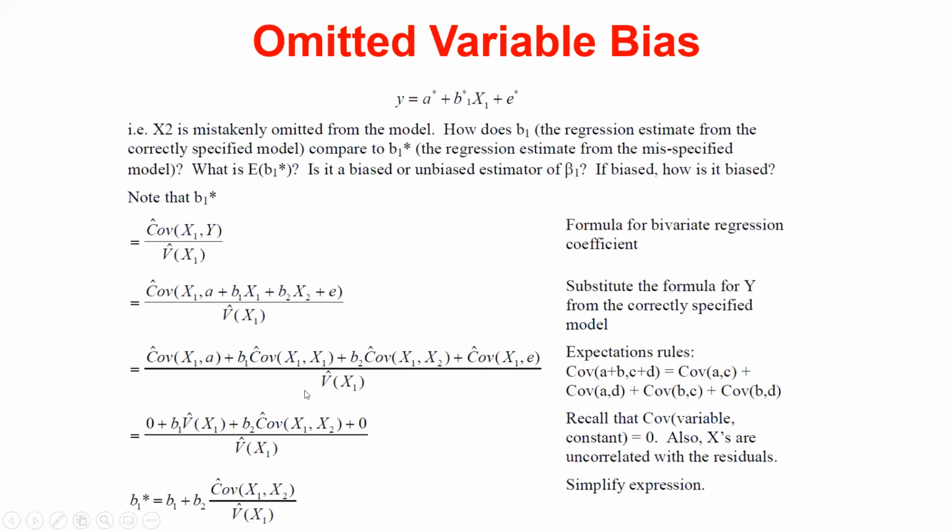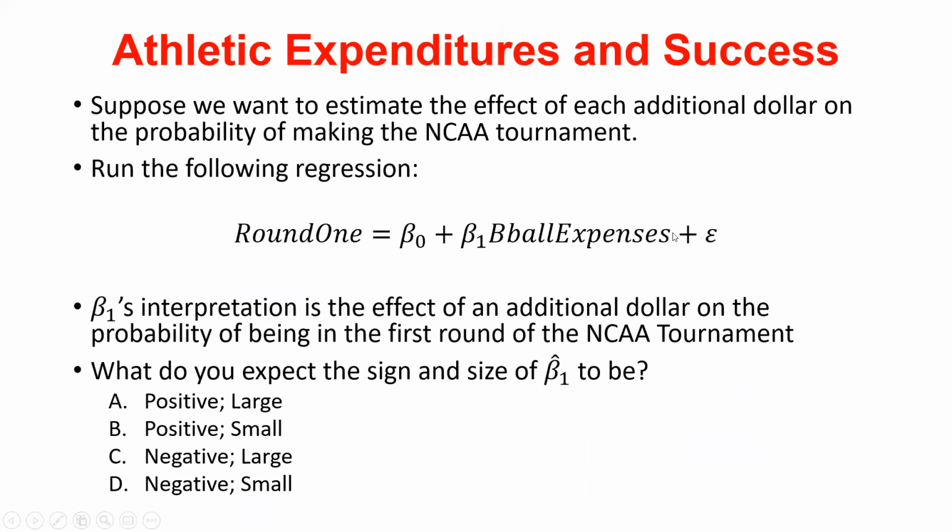this is the mathematical proof, but just a reminder that if we run this very simple linear regression where we don't have any other control variables, what's probably true about schools that are spending more in their basketball programs? They're likely to be larger schools, with a larger number of undergraduates, maybe more attractive for recruiting top players.